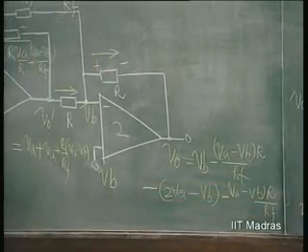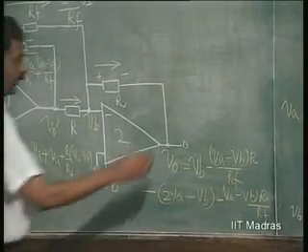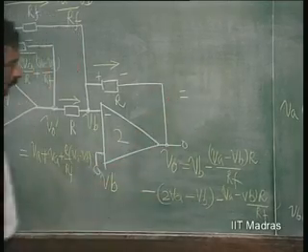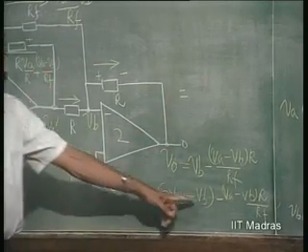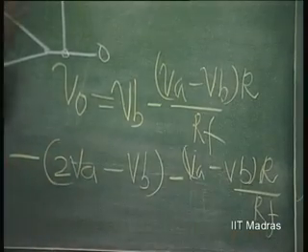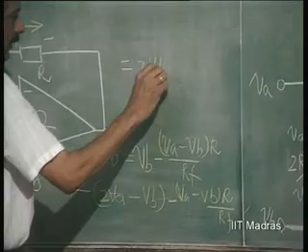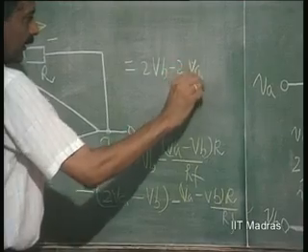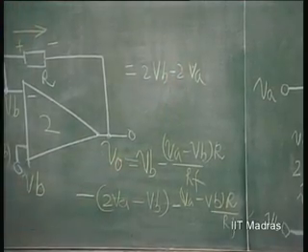So, essentially we will see that V naught is going to be equal to twice VB minus twice VA, like this.